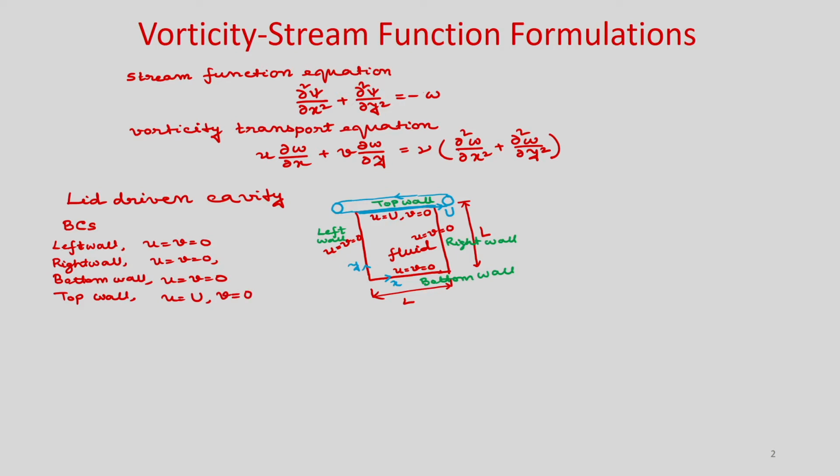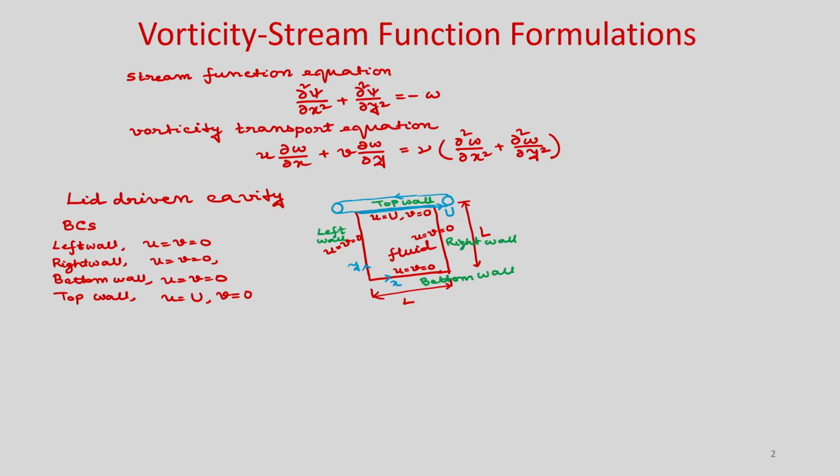These are the boundary conditions in terms of velocities, but we are solving the governing equations for psi, the stream function, and vorticity omega. So we need the boundary conditions in terms of psi and omega to solve the discretized equations.